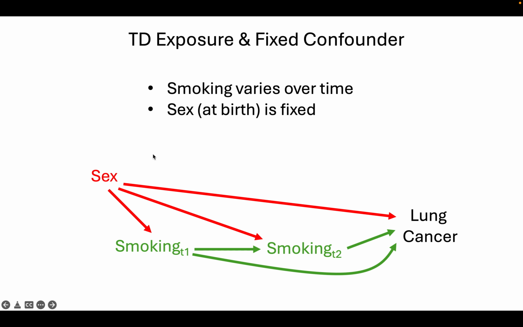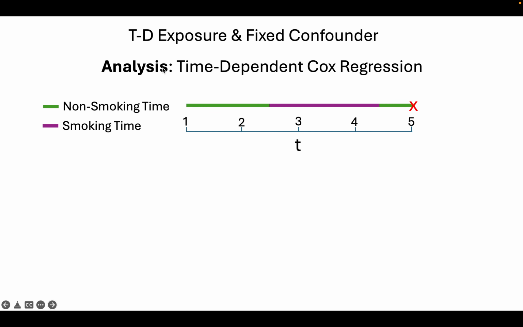So this is what it would look like in the format of a directed acyclic graph, where time-dependent variables are usually represented as smoking, in this case smoking time 1 and smoking time 2. And sex here does not have a time 1 or time 2, it's just this constant fixed confounder. So the analysis that would be suitable for this would be a time-dependent Cox regression.